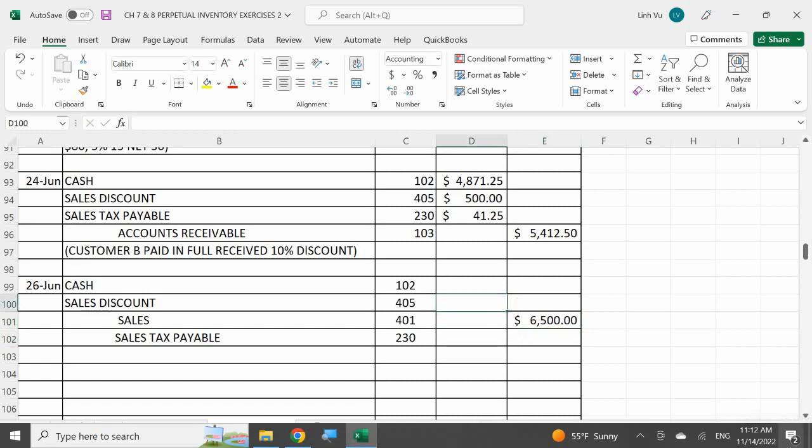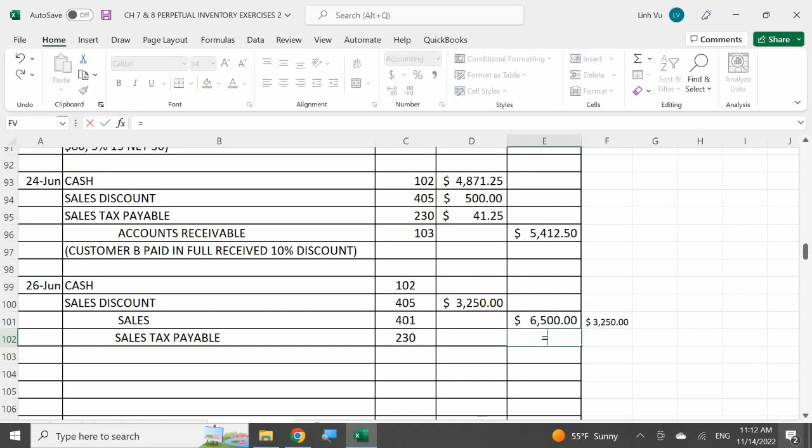If I'm going to be discounting 50%, I could divide that by 2, or I can multiply it by 0.5, and you're going to get $3,250. So therefore, if I were to subtract that out, that means I sold a total of $3,250. And how much sales tax I'm going to be charging based off of that $3,250.